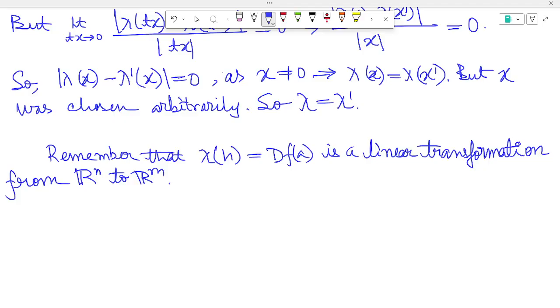So I will give an example. It is a very easy example.